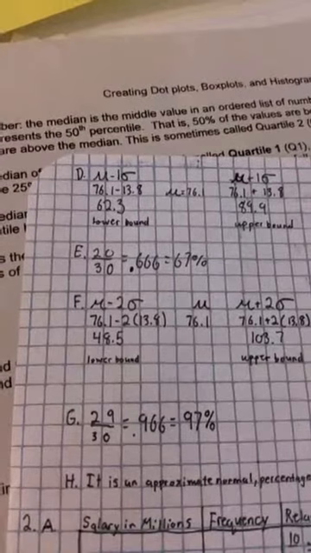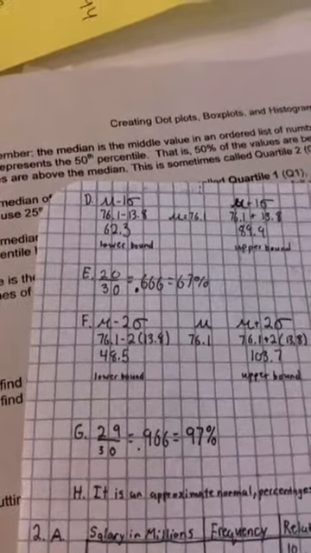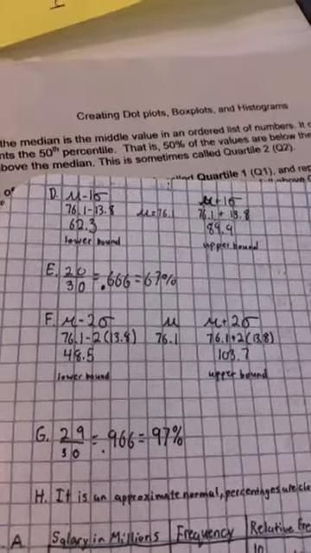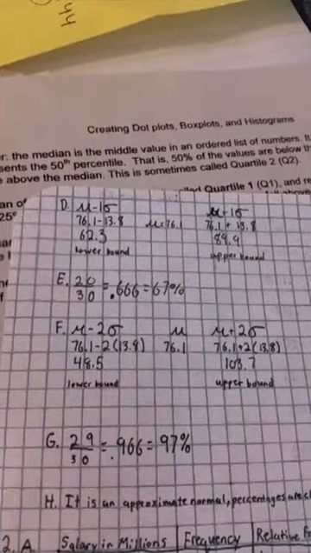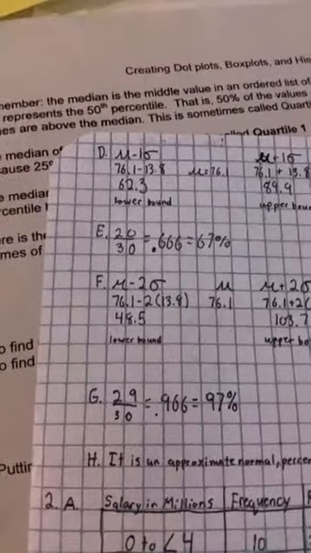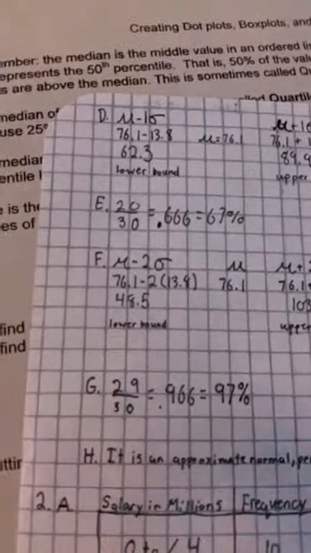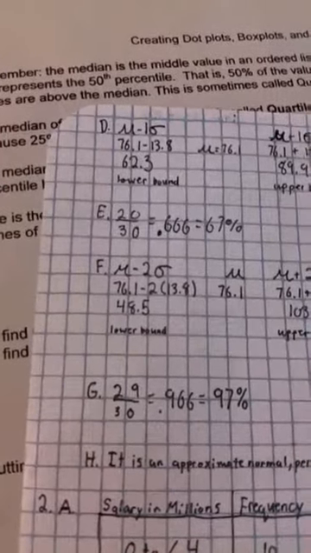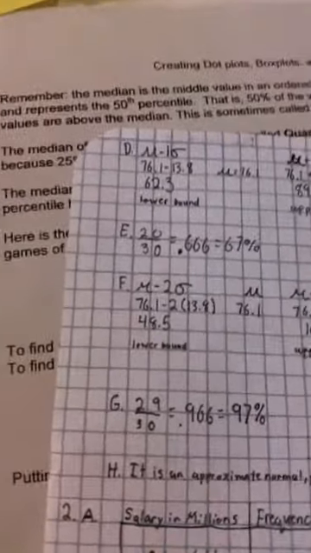It would be 76.1 minus 13.8 for 62.3, and that is our lower bound, and then 76.1 plus 13.8, which equals 89.9, which is our upper bound. You put the amount of numbers in between both 62.3 and 89.9 over the amount of numbers in total, which is 30, so 20 over 30, and it equals 0.666, which is equal to 67%.